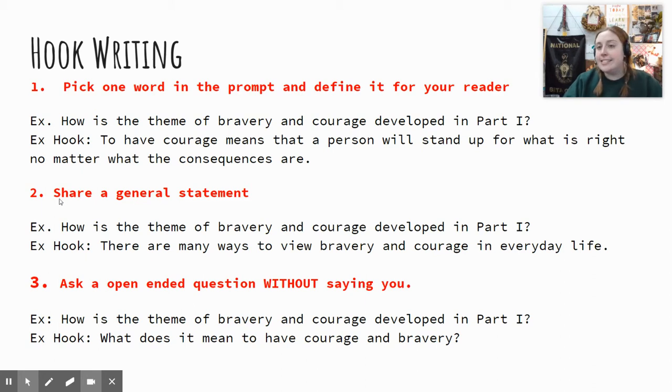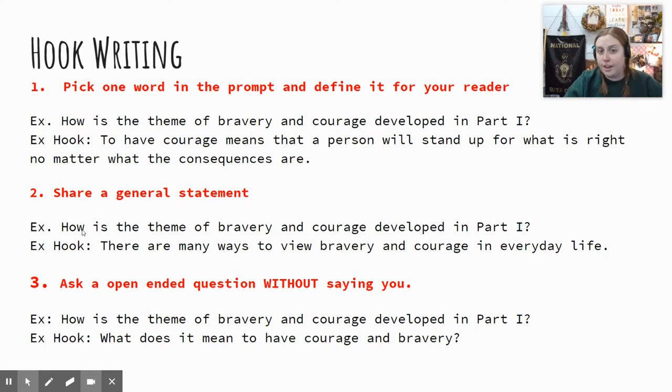Now, the second tip, or the second way that you could write a hook statement, is just to share a general statement. Okay, this is typically a little bit harder for students to come up with because it's completely something that you are creating on your own. So, for example, if we're answering that same question, how is the theme of bravery and courage developed in part 1?